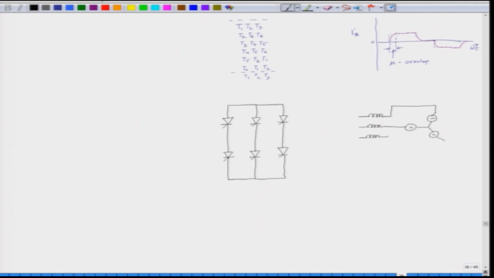So, these are the various phases we have. So, this is the back EMF, which is VAN, this is VBN, and this is VCN, and this is the neutral point N, and these are connected to the converter in the following fashion.